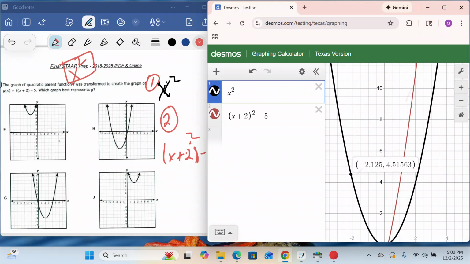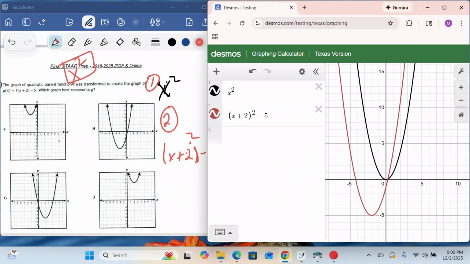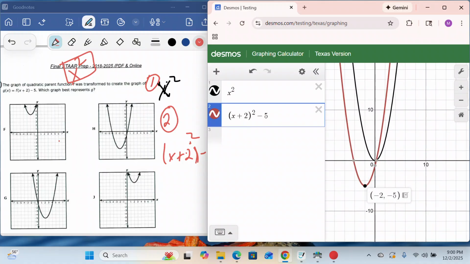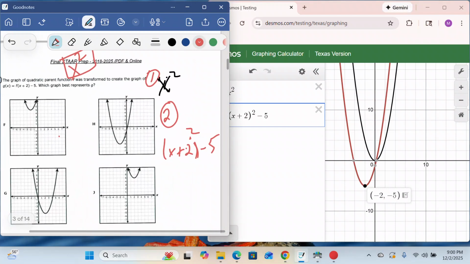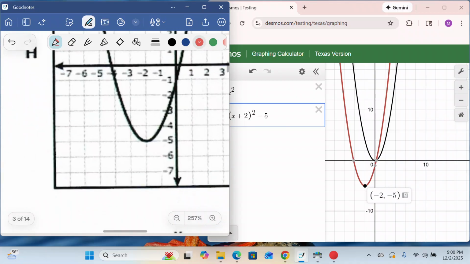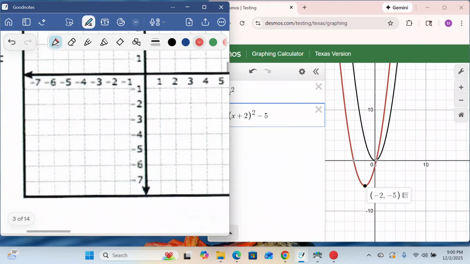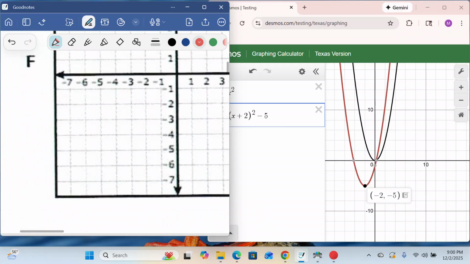So we have a red one. It's got a vertex of -2, -5. They're saying it got transformed. So automatically a -2, -5. This one, -2, -5 would be here.